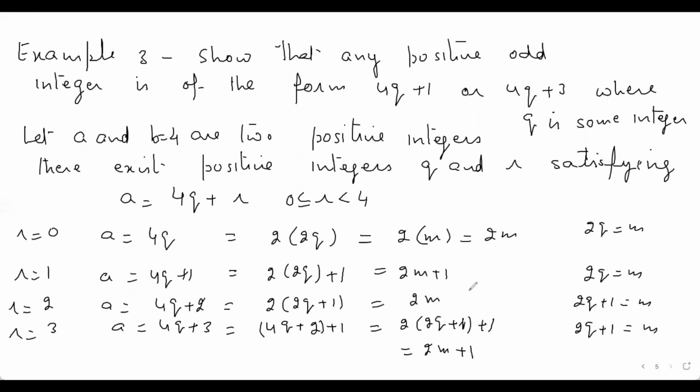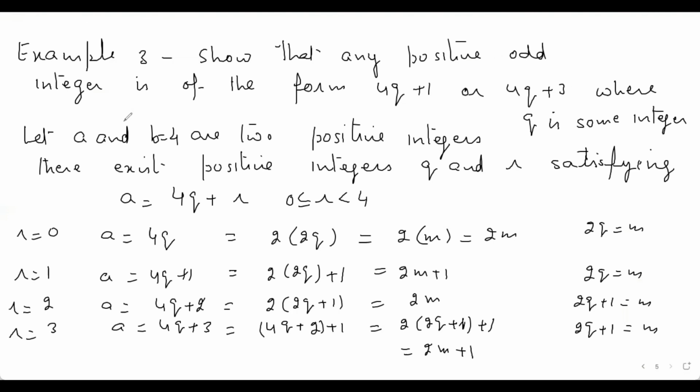No doubt you will find it difficult in the beginning, but after some time, after doing a few sums, you will find it easy. Read the statement properly. What it says: show that any positive odd integer is of the form 4Q plus 1 and 4Q plus 3. Odd integer.